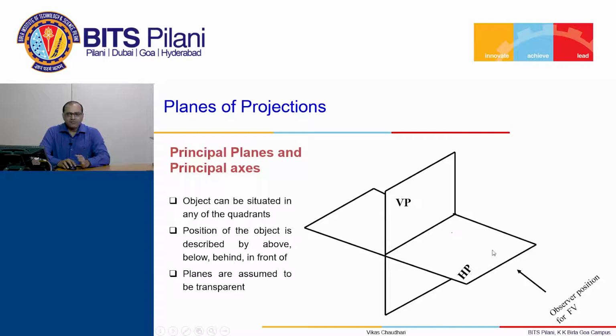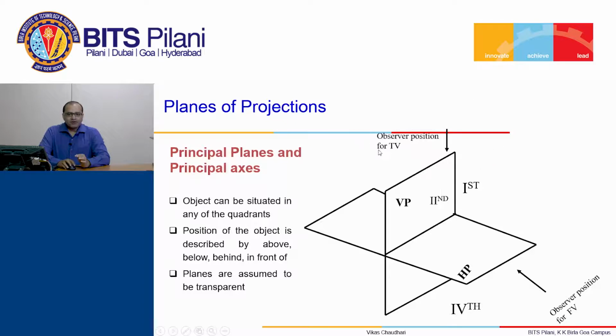The quadrant description: the first quadrant is the region which is above the horizontal plane and in front of the vertical plane, whereas the fourth quadrant is the region which is below the horizontal plane and in front of the vertical plane. The observer position to see the top view is also fixed, which is shown here.